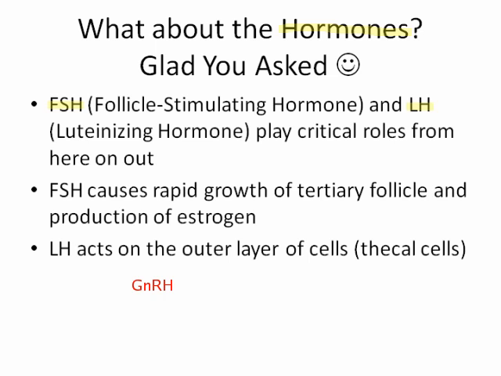When we look at the tertiary follicle. So when we select the 20 or 30 secondary follicles that are eventually going to become tertiary follicles, FSH is going to direct that maturity of that tertiary follicle. It's FSH that's going to get it to the Graafian phase.